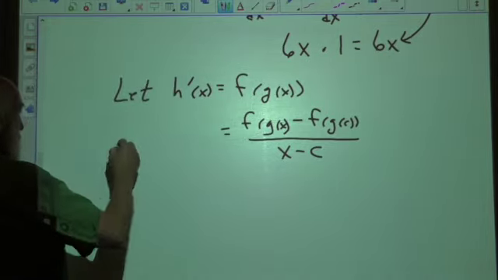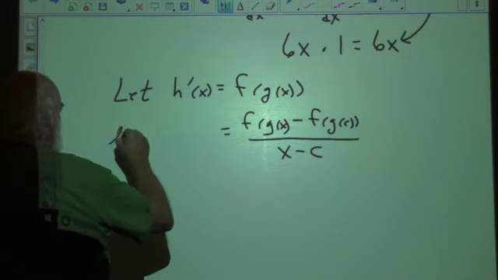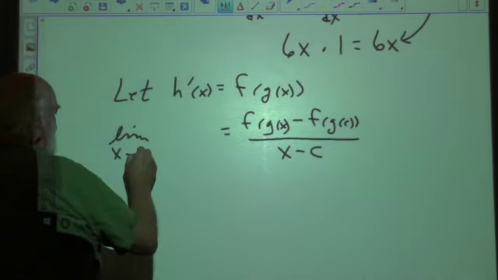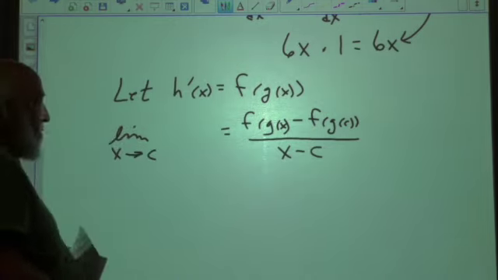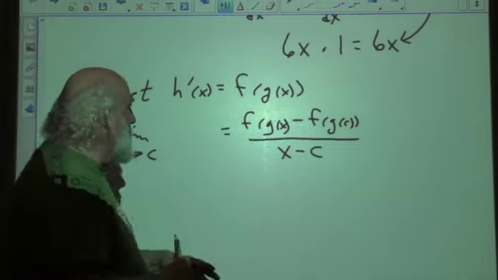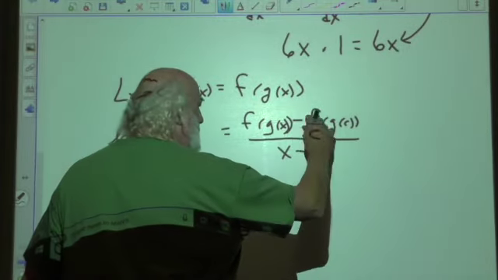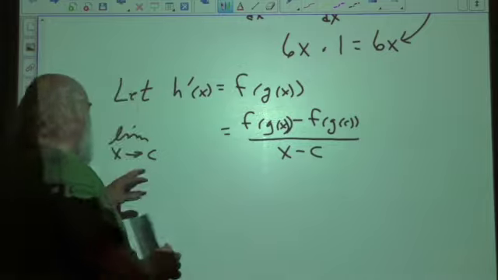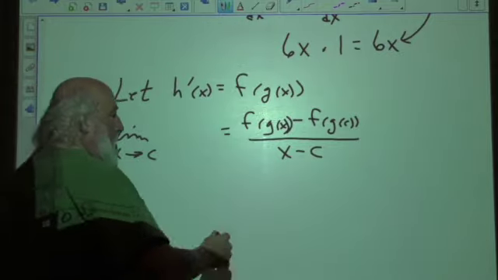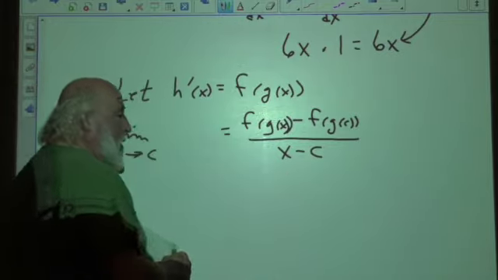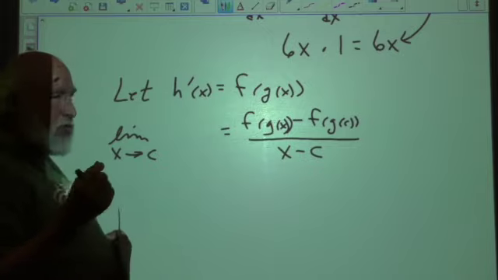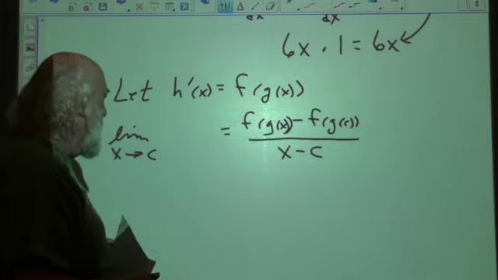And we're doing this as the limit as x approaches c. So this is our y2 minus y1. Replace it with c, and then x minus c for my two x's. So it's a very small difference between the x's.